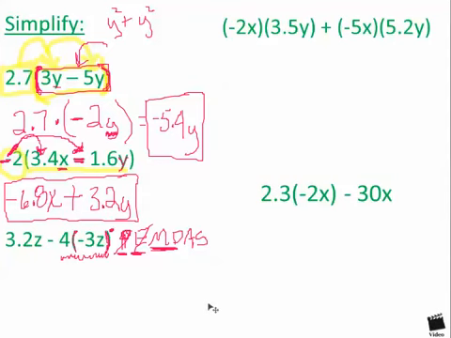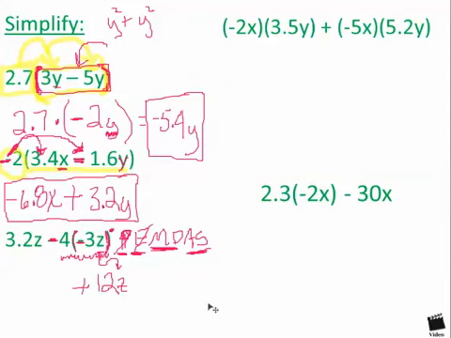So I need to do that multiplication before I do any addition or subtraction. Again, we have to watch signs carefully. Negative 4 times negative 3. That's going to be a positive 12. And I have this b here, so it needs to come down and be right there.